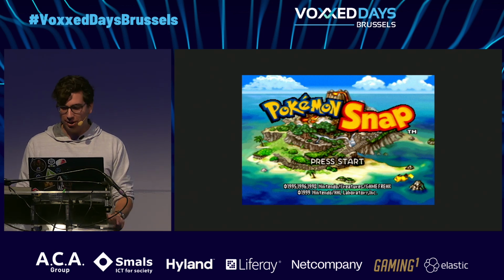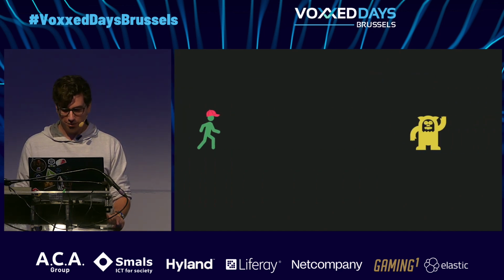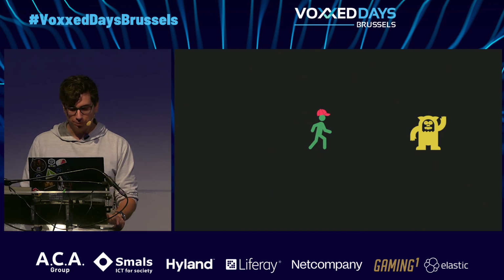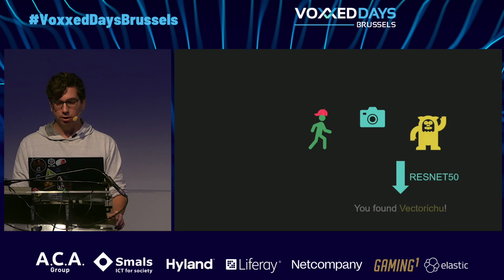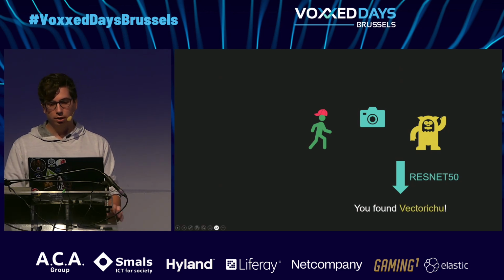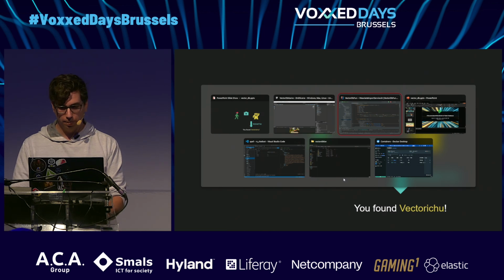But of course we're gonna recreate it with a little bit of risk of Nintendo coming onto us with a lawsuit, but it's fine. So we have Ash Ketchum that really likes to flip his head, and then we're going to take a picture of a Pokemon, and through a ResNet 50 model, we'll try to find that Pokemon.